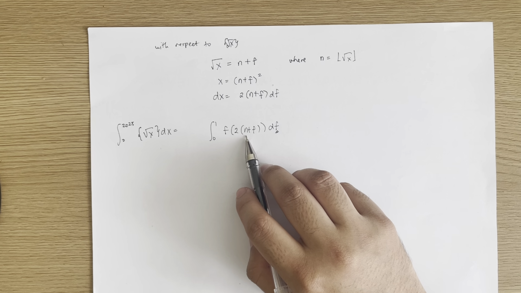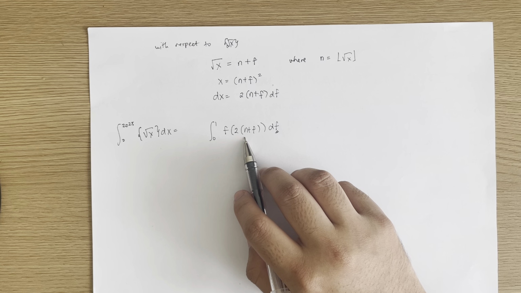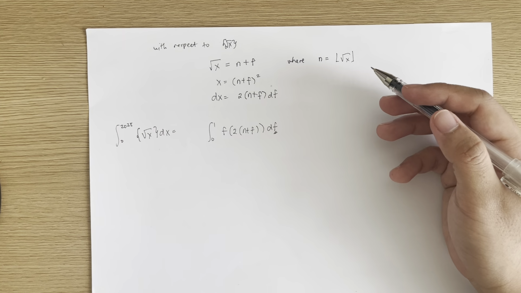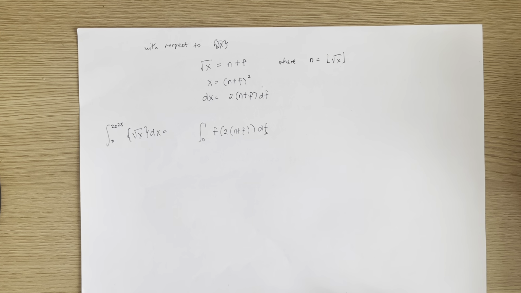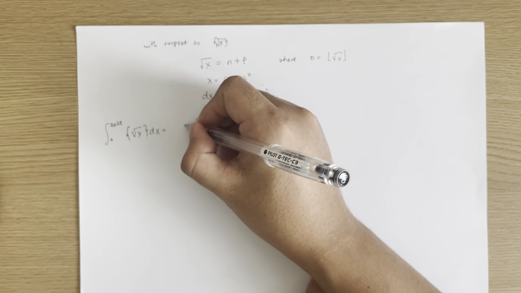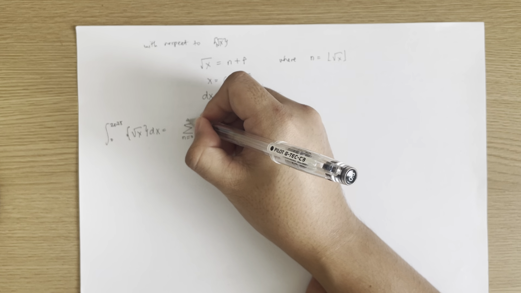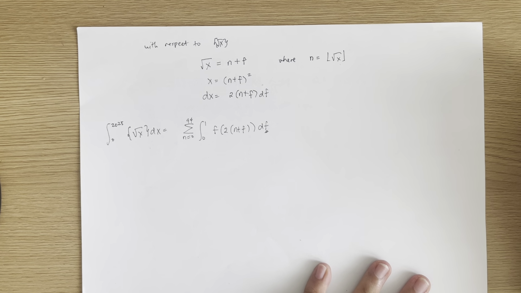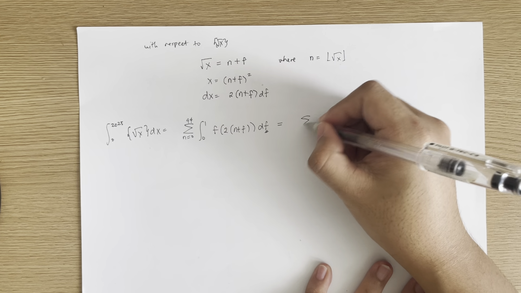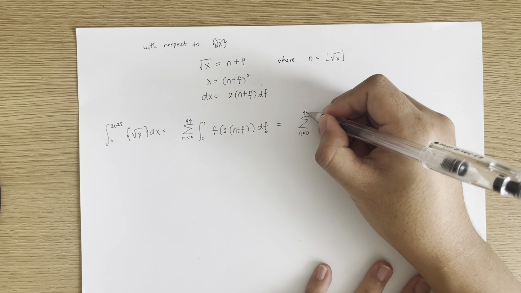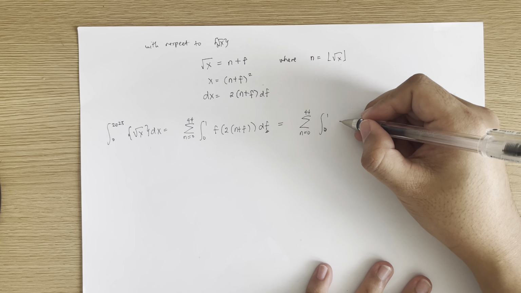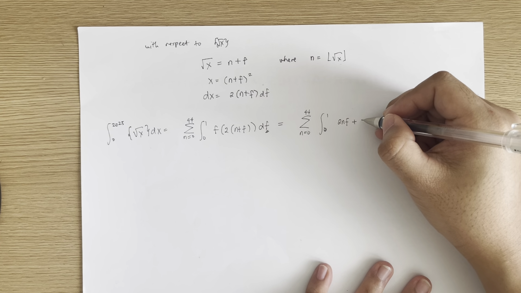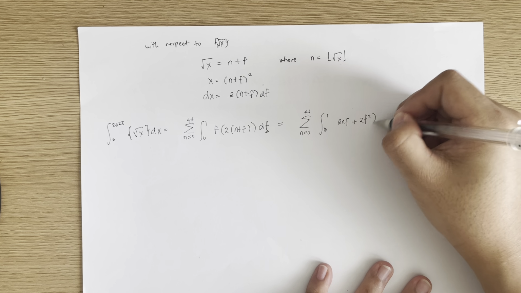We still have to add all possible values of n in the interval 0 to 2025, similar to what we did in the first solution. So this will be the sum from n equals 0 to, again, 44, which is equal to the sum from n equals 0 to 44 of the integral from 0 to 1 of 2nf plus 2f squared df.